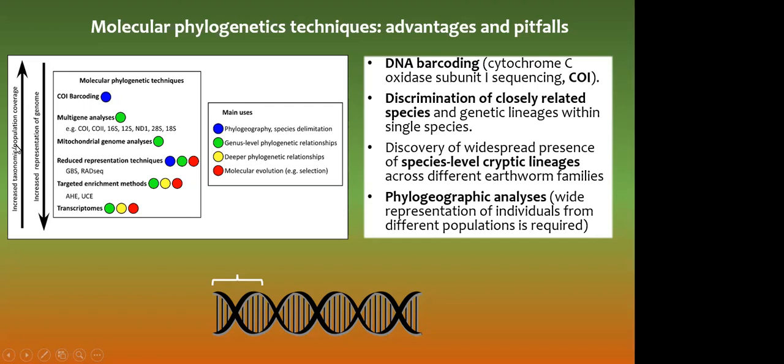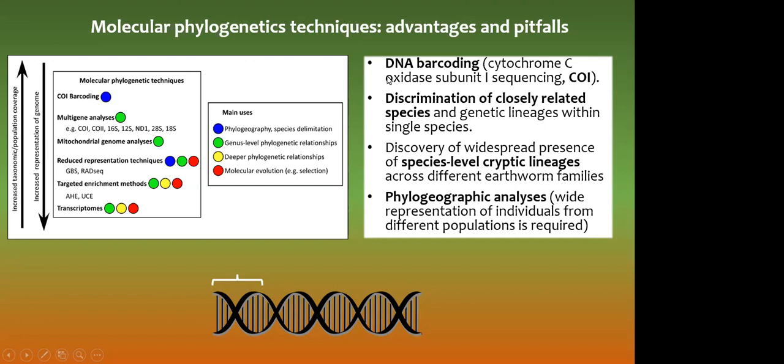So you get more species or more populations, but a lower percentage of the genome represented. And the opposite, if you go down there, you get a larger representation of the genome, but less coverage of populations or species.